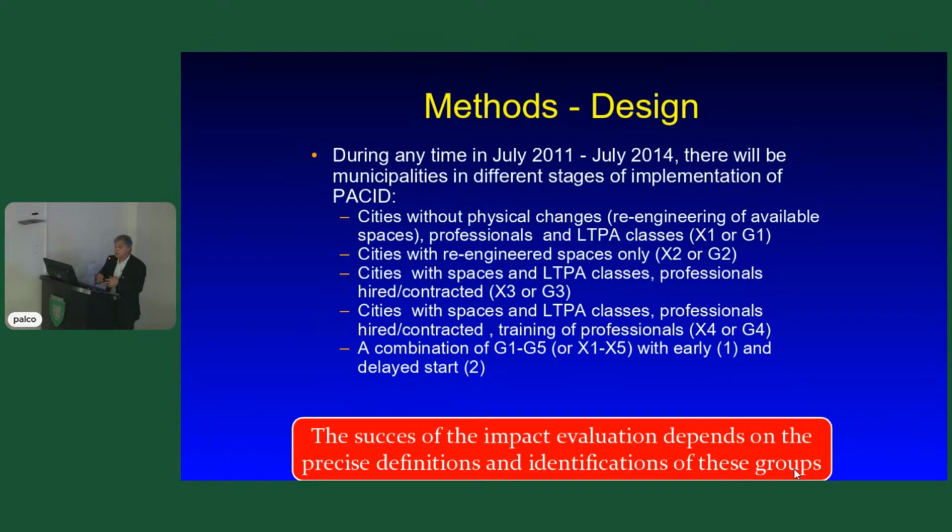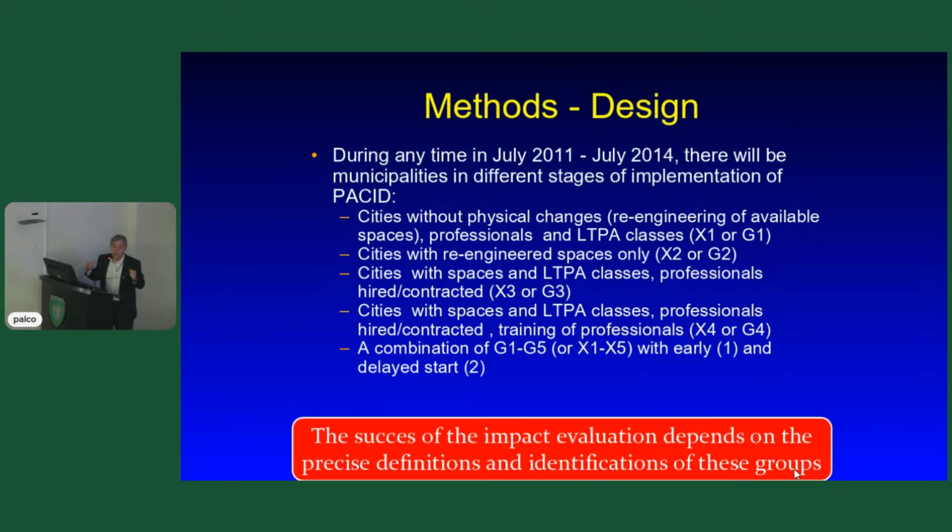And cities with space, LTPA classes, leisure time physical activity classes, professionals hired and trained, and also some other communities, with a combination of the G1 group, where X1 is the intervention and G1 is the grouping, the clusters of cities, through G5. That means they have everything, and they have early and delayed start. Some will start early, some will start later. So I knew all these combinations were possible.